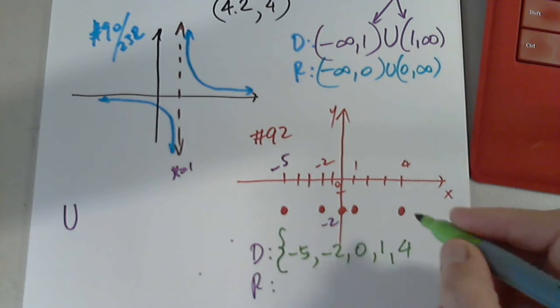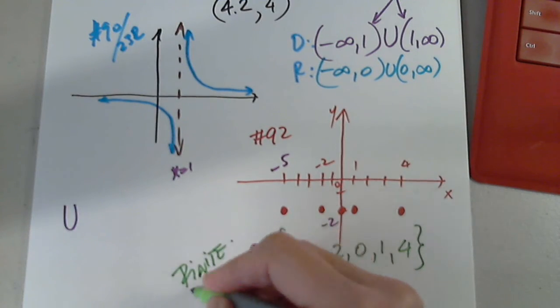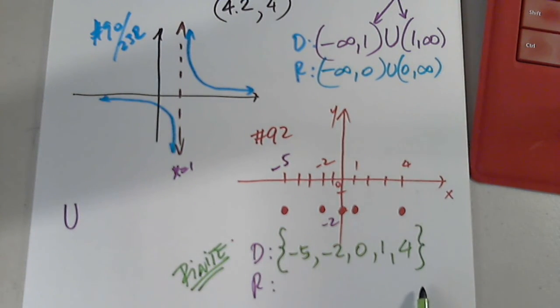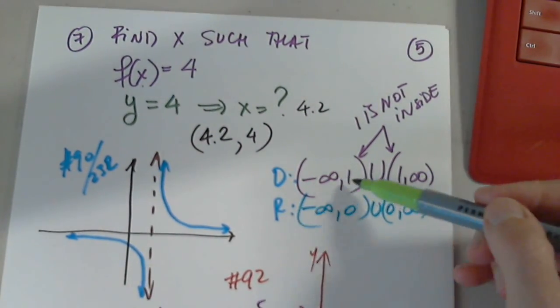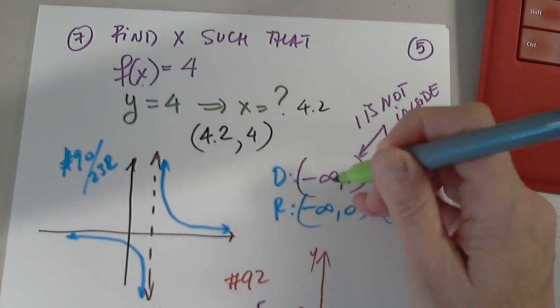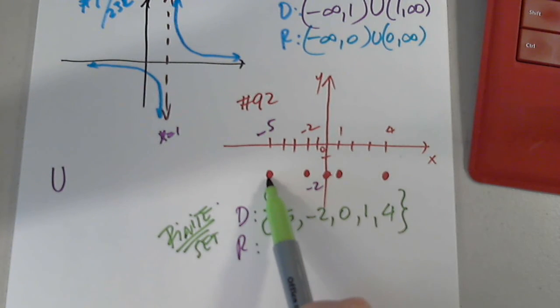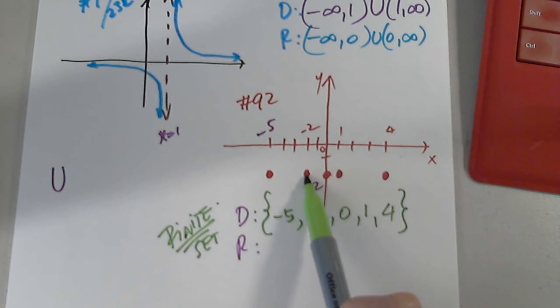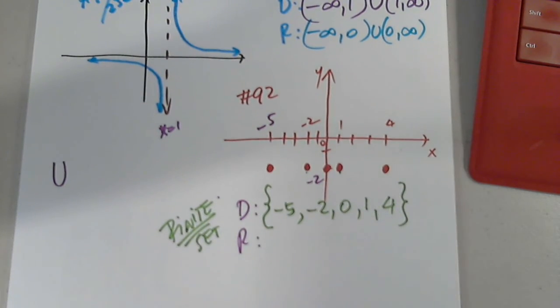Please note the fact that since this is a finite set, I cannot use parentheses or brackets. That notation says everything, every little one next to the other, but this one says clearly only this: only -2, only 0, only 1, only 4.